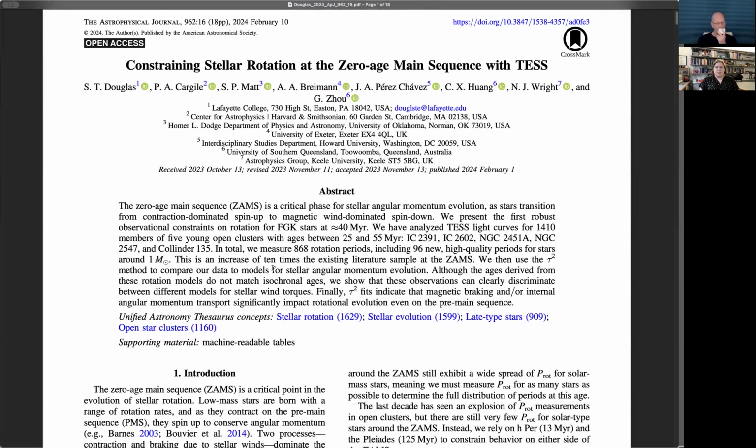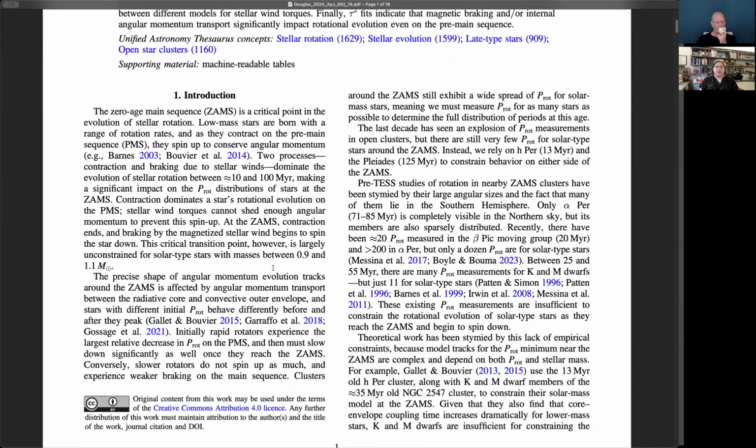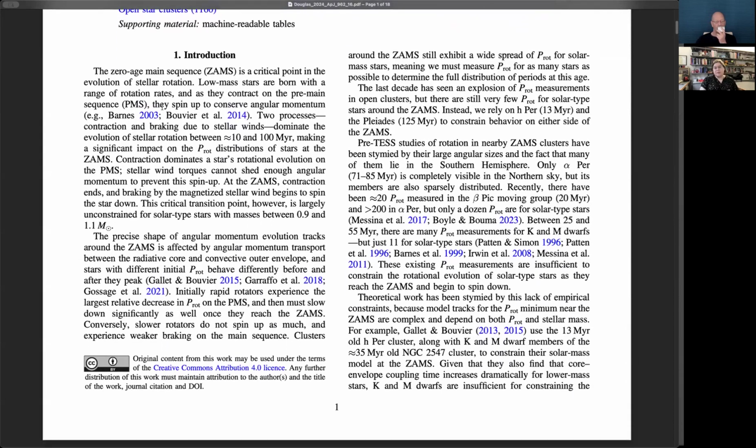So broadly, for those who aren't familiar with rotation, when stars are young, we talk about them spinning fast, and when they're old, they spin slow. But that is starting on the main sequence. When stars are on the pre-main sequence, remember, they contract. And to contract, they have to spin more rapidly to conserve angular momentum. So while they're on the pre-main sequence, they're contracting and spinning up, and then they reach the main sequence, they stop changing their radius, and so they can start to lose angular momentum via their stellar wind.